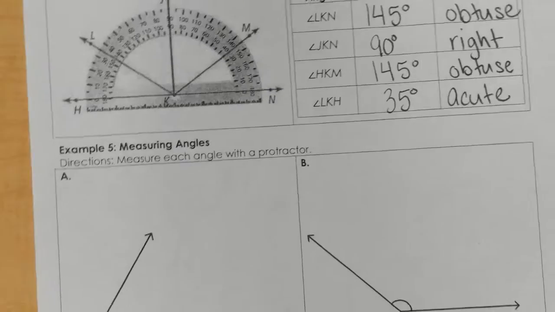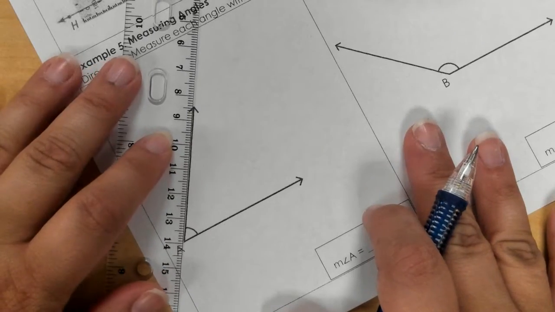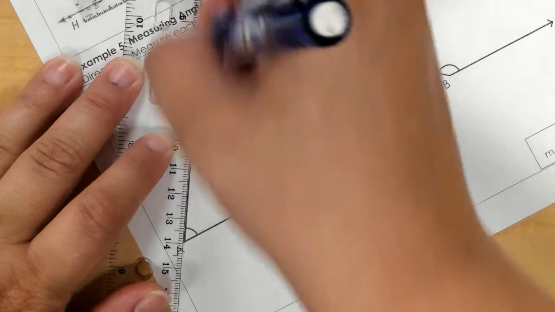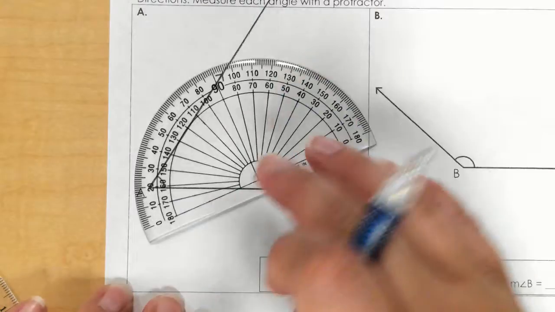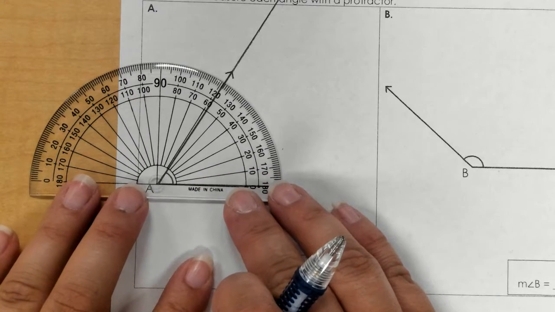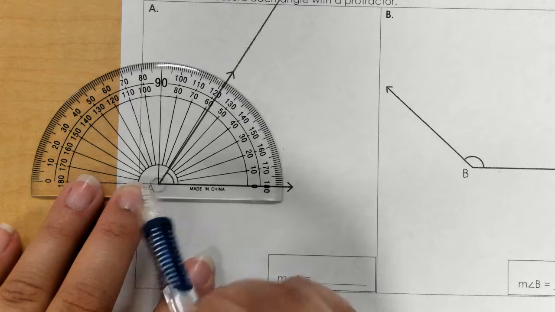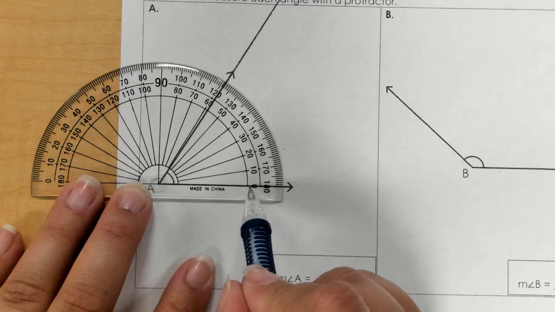Okay, now, for example 5, the first thing I would do is expand my ray here. So I would place my protractor so that corner right here is where the vertex is, and you want to line up your line with the ray.